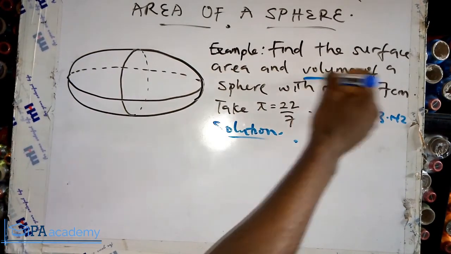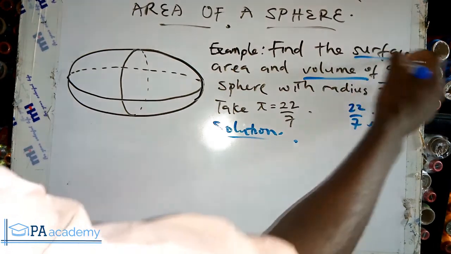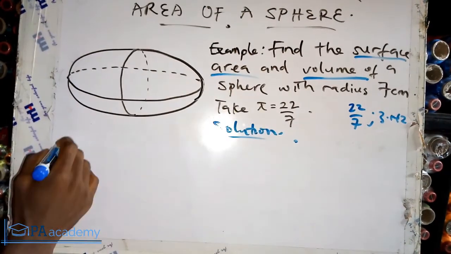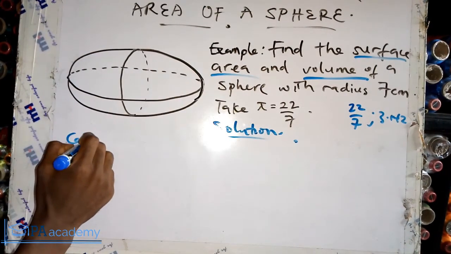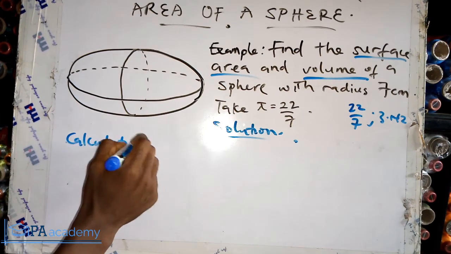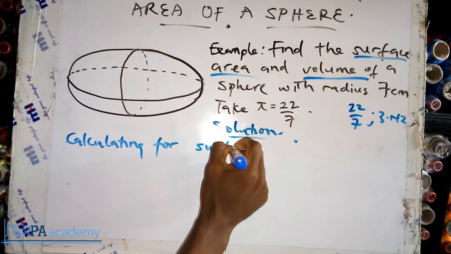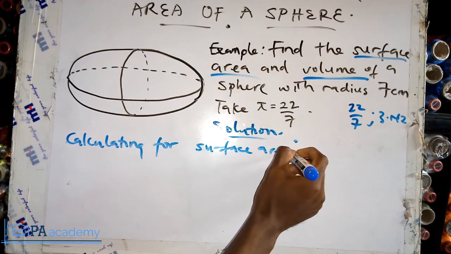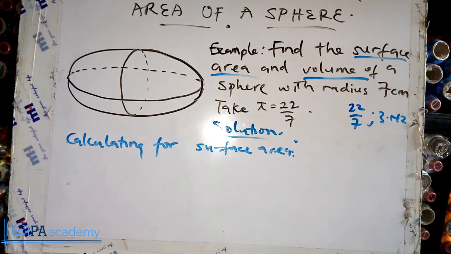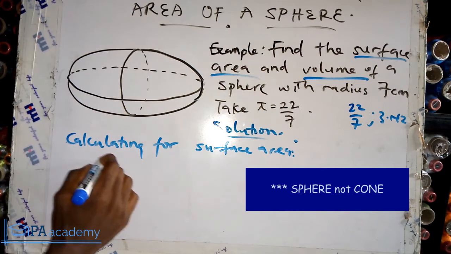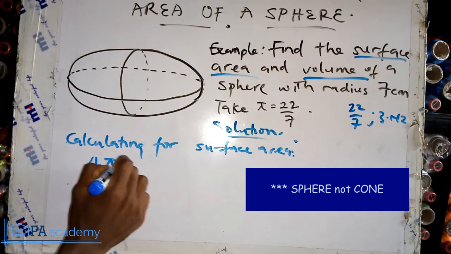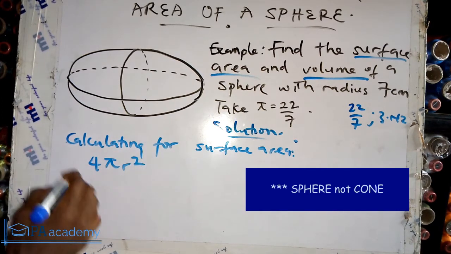So now we've gotten the volume, and now is the surface area. So calculating for the surface area. The formula for the surface area of a sphere is 4 pi r square.